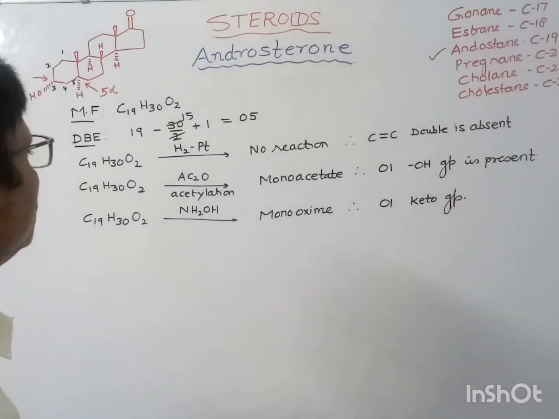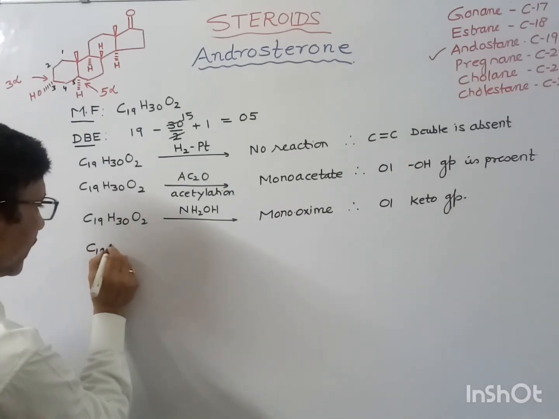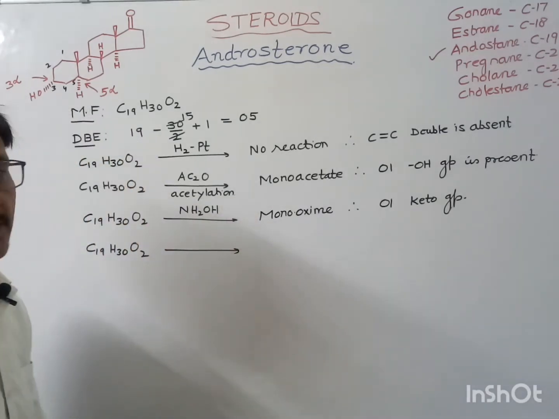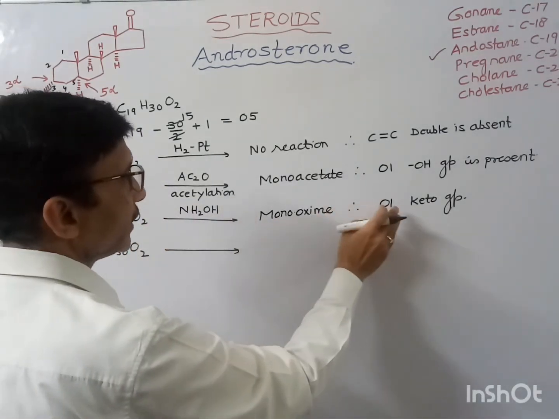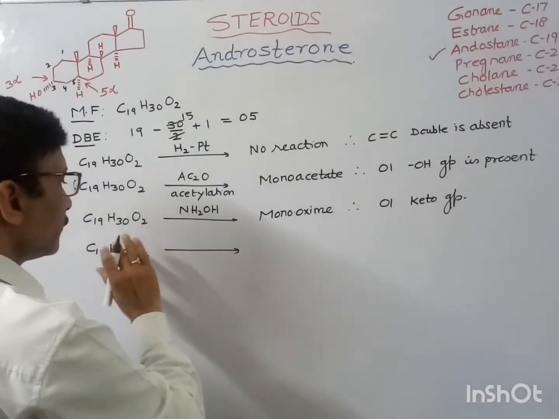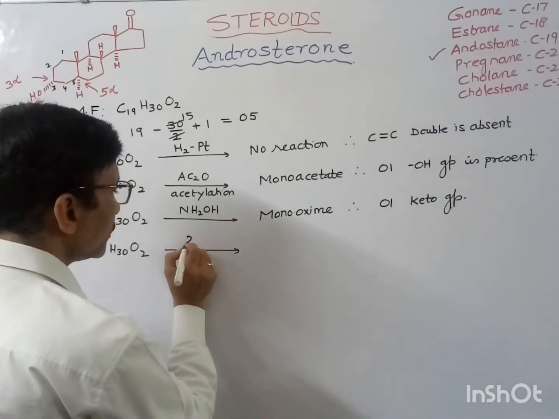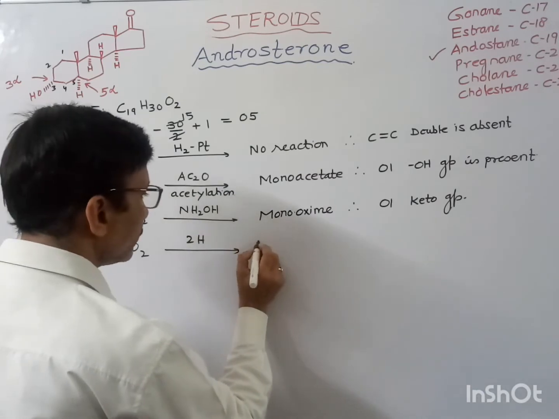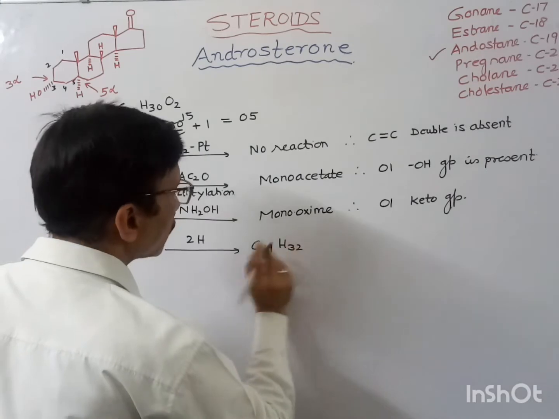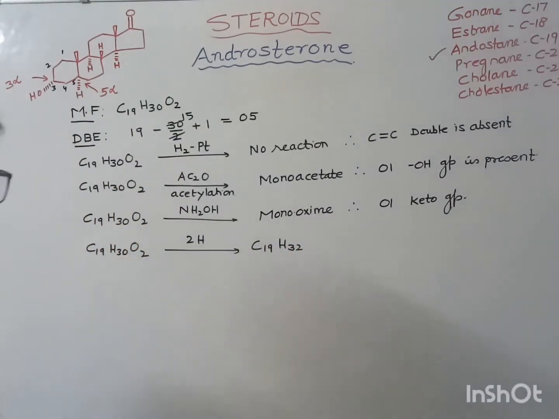Okay. So now this C19H30O2, when it was completely saturated, as it contains one keto group, meaning one pi bond is present in this keto group, if we completely saturate this molecular formula, it means we may add 2 hydrogens over here. So what we may get is C19H32, and we don't require to write the oxygen over here.